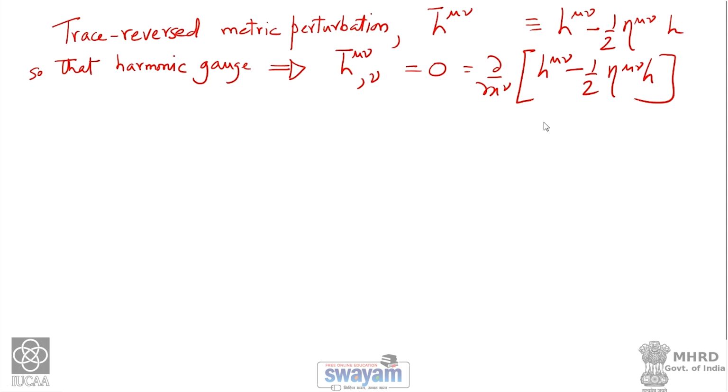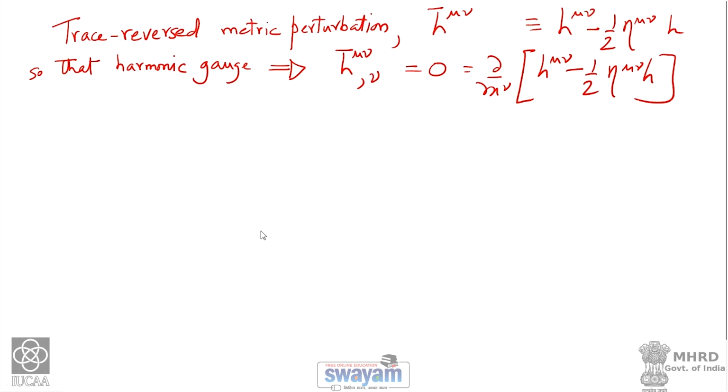All right. Why is it called trace reverse metric perturbation? Because the trace of h bar mu nu happens to be negative of the trace of h mu nu. It is just by contracting with the eta mu nu we will get it.